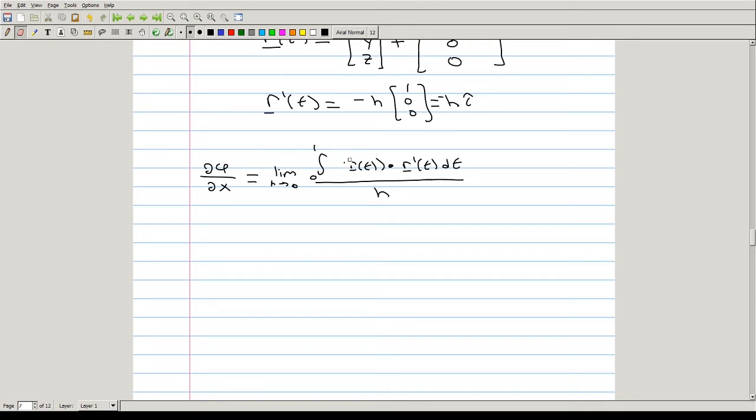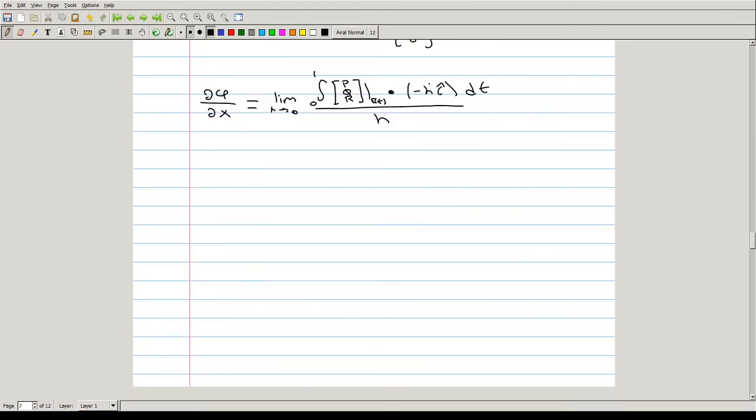Remember, f of r of t is the same thing as P, Q, R, all evaluated at r of t. And this is the dot product then with r prime, which is negative h times i hat, dt.